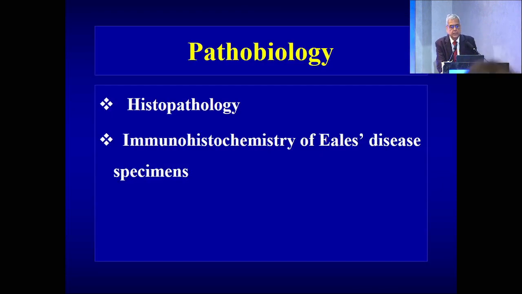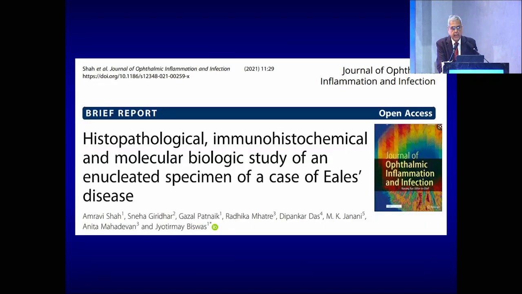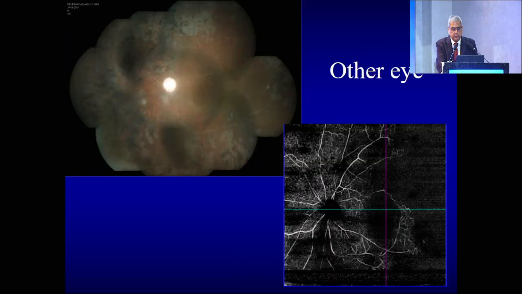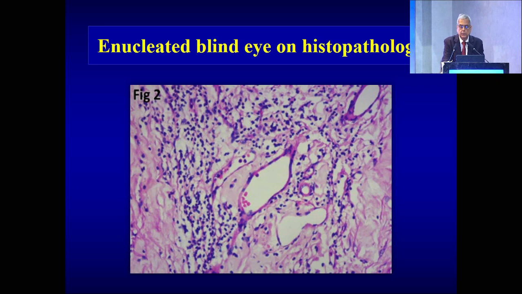We looked at the histopathology and immunohistochemistry of Eales disease specimens, and we also did the molecular biology study of Eales disease patients, which was published in 2021. This is a picture of an Eales disease patient in one eye, and you can see the capillary non-perfusion. In the enucleated blind eye on histopathology, multiple retinal blood vessels are surrounded by lymphocytes.